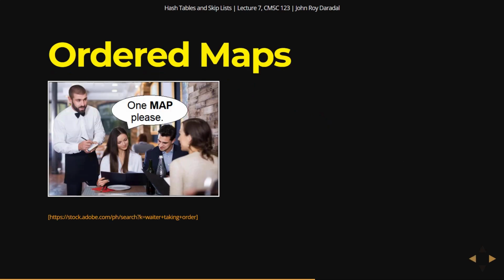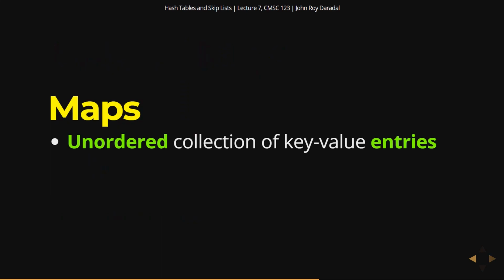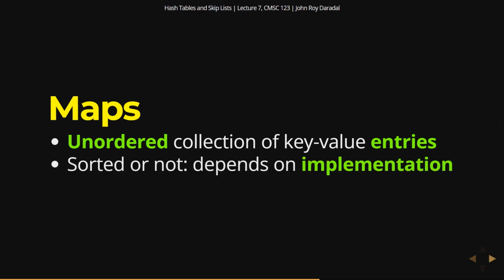Okay, so next we'll discuss ordered maps, and these are not maps that you order online or from a waiter, but by order we mean that we are sorting the map. We know that maps are an unordered collection of key value entries, and whether it's sorted or not depends on the implementation.